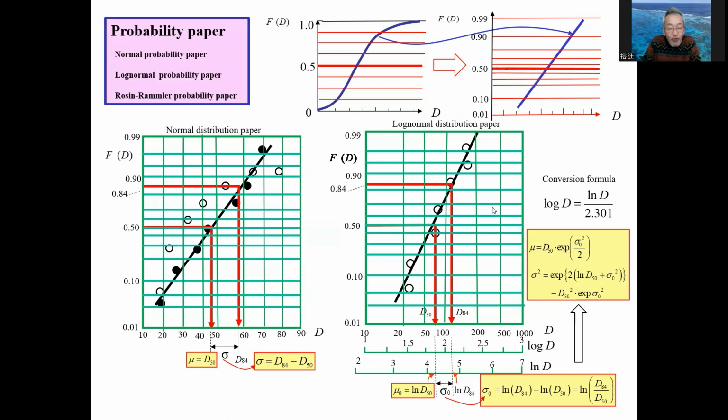The explanation so far is based on the undersieved distribution F. If the graph is based on the oversieved distribution R, you should find D16, which is defined in the oversieved distribution R. The treatment is basically the same as in the case of the undersieved distribution F. Microsoft Excel provides the function LOGNORM.DIST. Refer to it if you are interested.